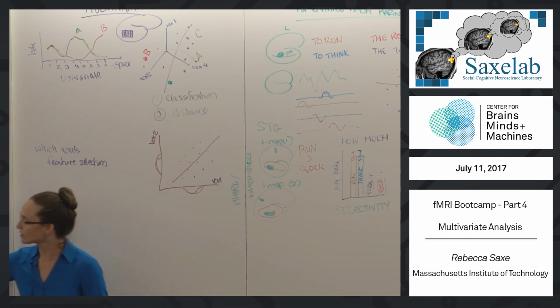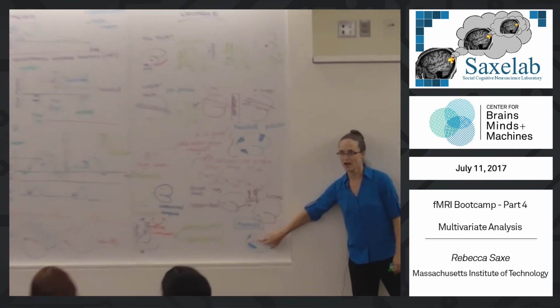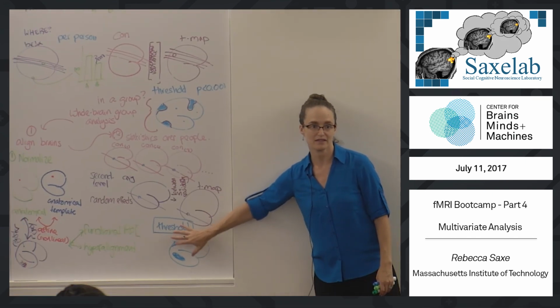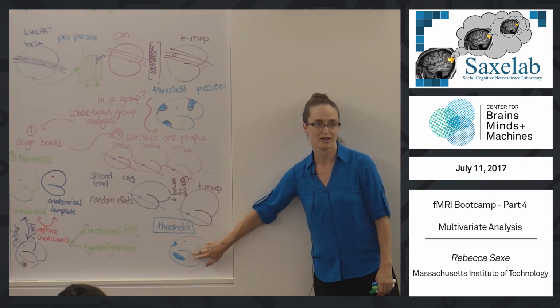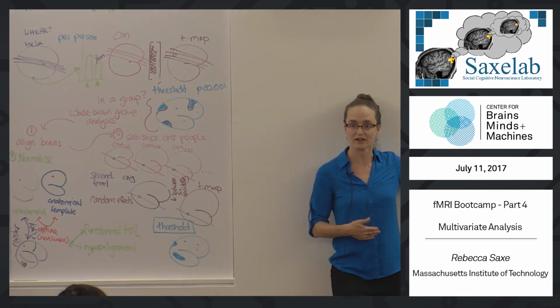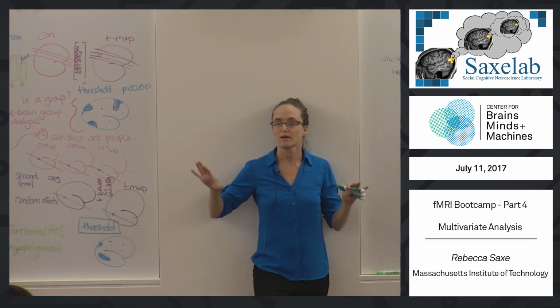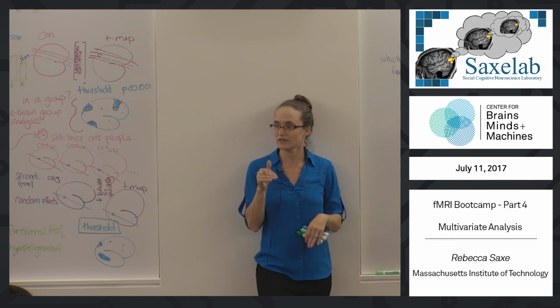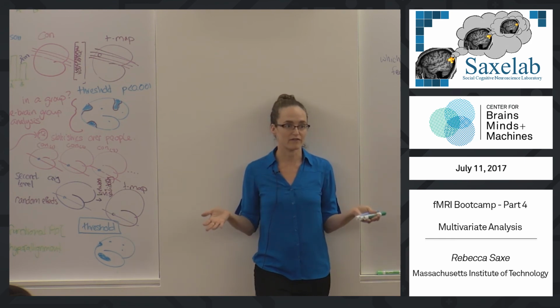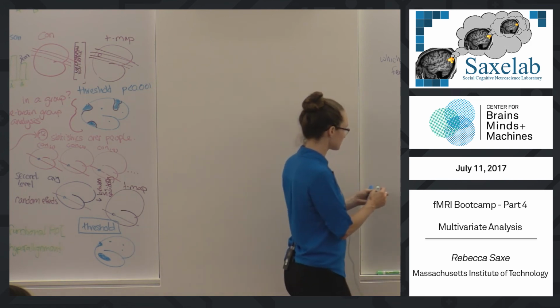So again, this is where are there voxels that have a higher response to A than B, right? That's the group analysis whole brain version of a univariate analysis. There is a group analysis whole brain version of a multivariate analysis, asking the same kind of questions that we were asking before, but now not about a univariate difference, but about the pattern of information. Okay, so that's the first thing I'm going to talk about.